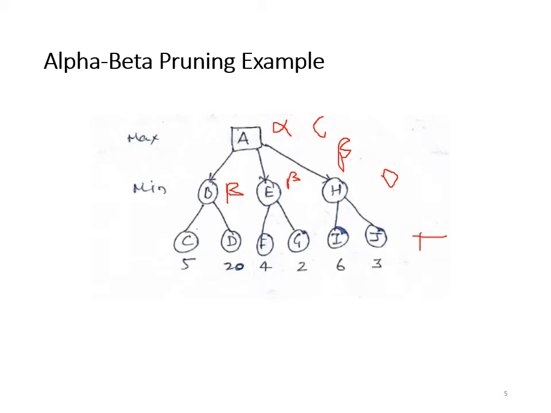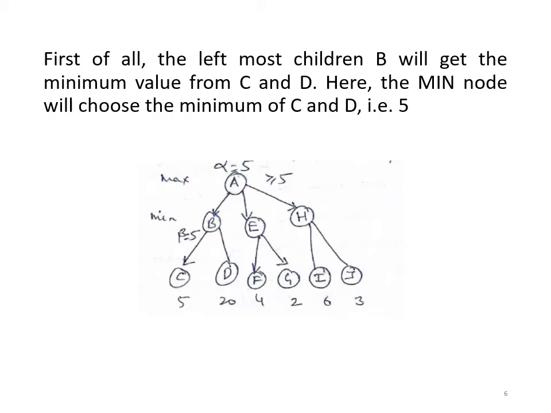First of all, the leftmost node B will get the minimum value from C and D. Here the min node will choose the minimum of C and D, that is 5. So first of all we will choose the values of beta from these two terminals. The value should be the minimum of these two, so we will assign the value of beta equal to 5.